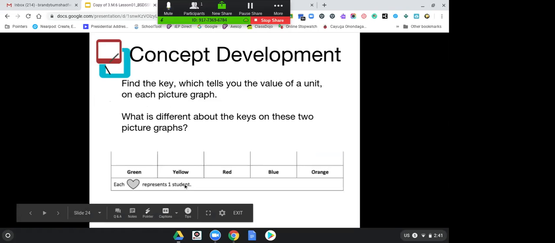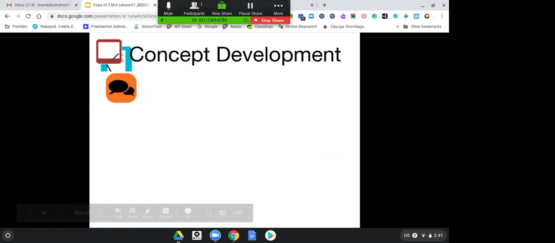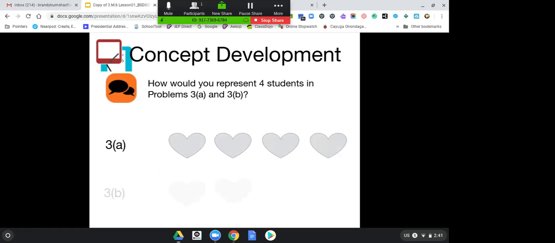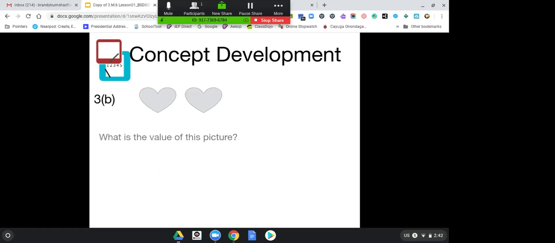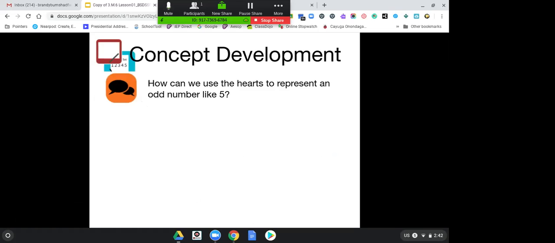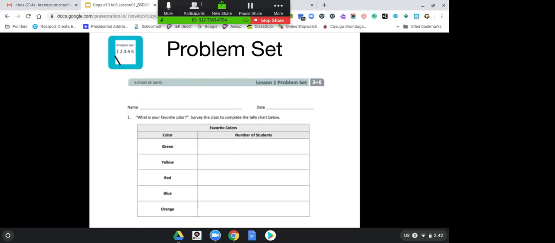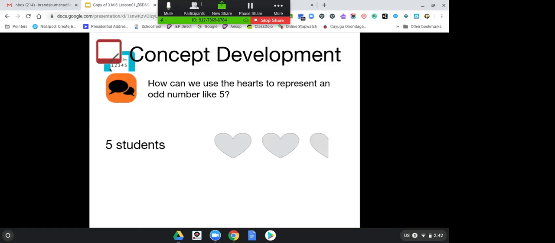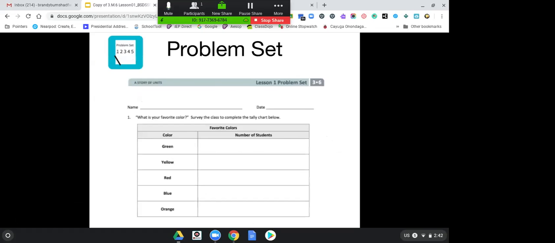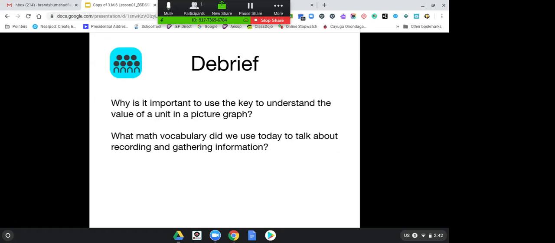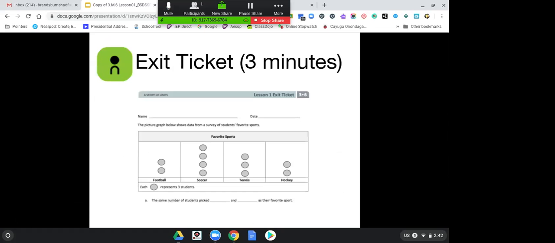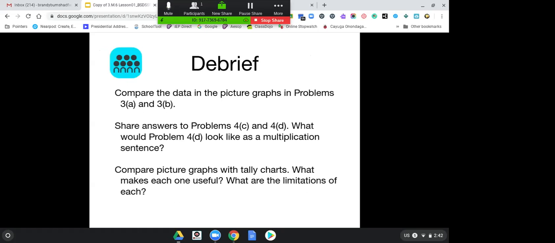It says 1 or it could say 2. Okay. How would you make it look like a 5? If you were counting, if it was worth 2, you would draw half of your heart. 2, 4, 5.